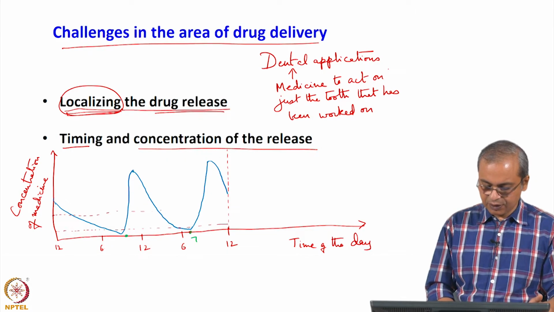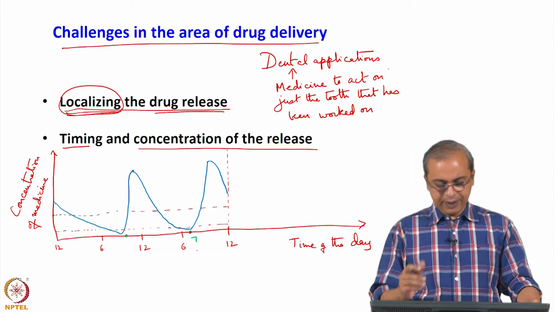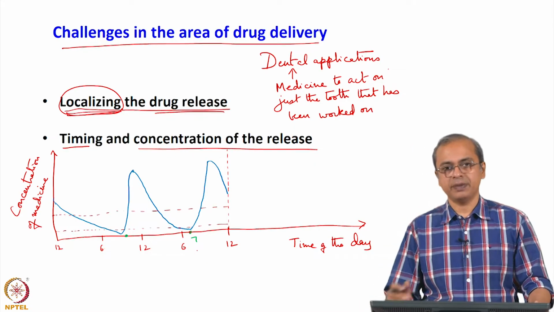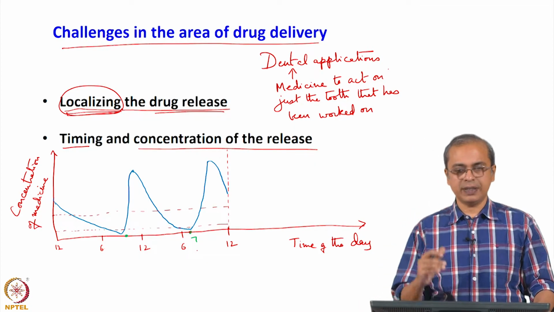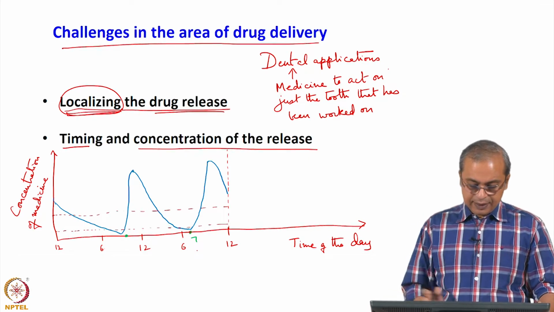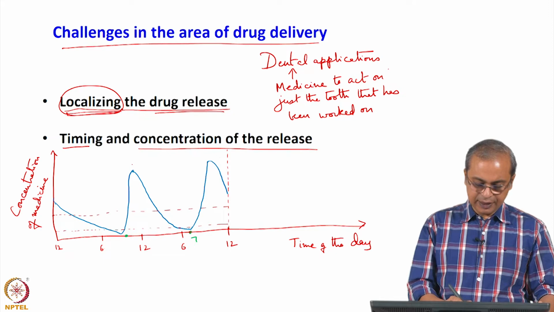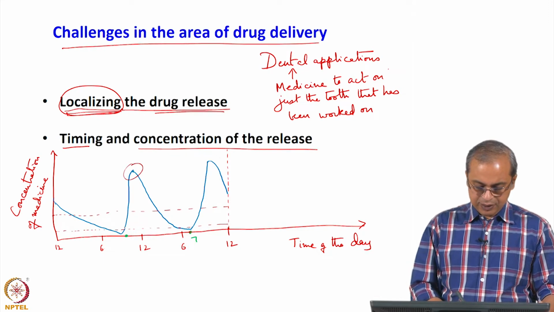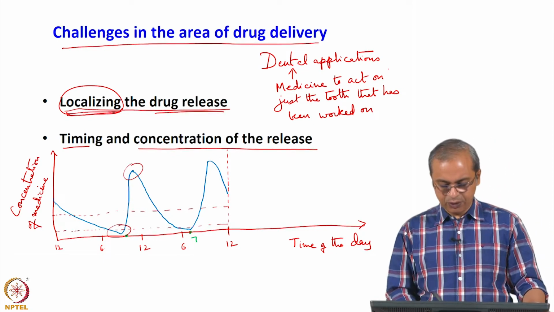So, you want to keep the medicine above that concentration most of the time. So, these spikes which are well above the concentration value and these lows which are going below the concentration value are not very useful.